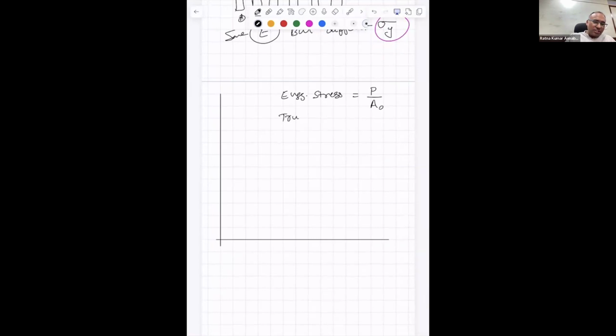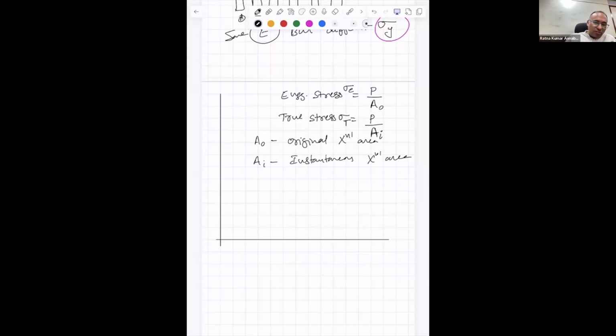Now, true stress is defined as, so this is sigma E, and now I am calling true stress sigma T, P divided by the instantaneous cross-sectional area, or current cross-sectional area. A0 is the original cross-sectional area.